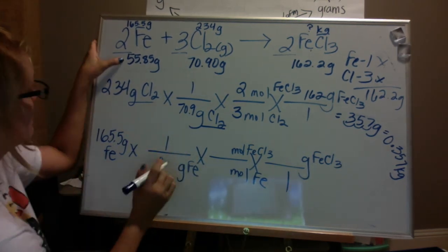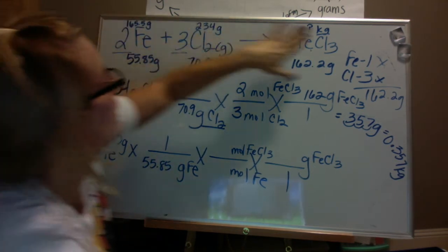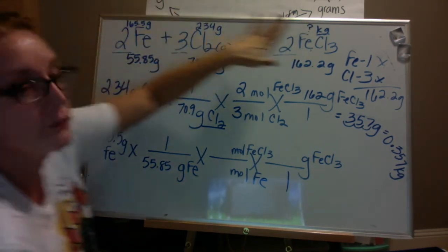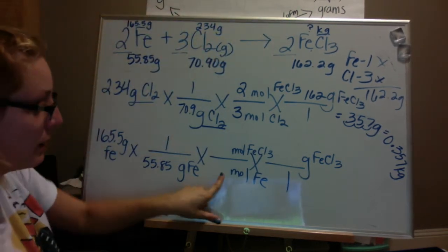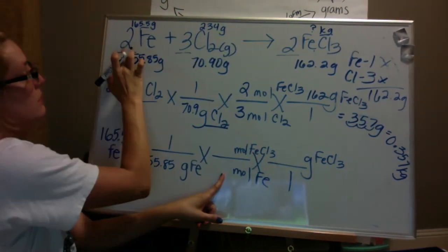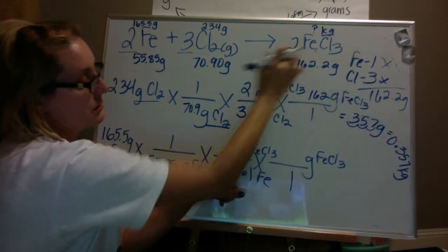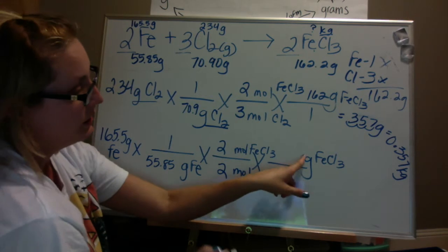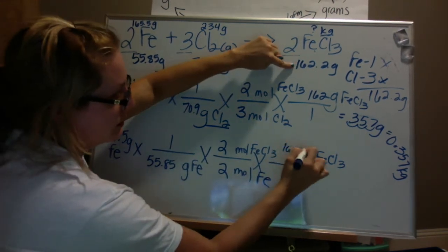Grams of Fe, right here. See, this is why it's a good idea to write everything up here by your equation so your information's organized. You have it all in one spot. So you just pick your spot. Moles of Fe is the coefficient. Moles of FeCl3 is the coefficient. Gram amount of FeCl3, I put it right here.